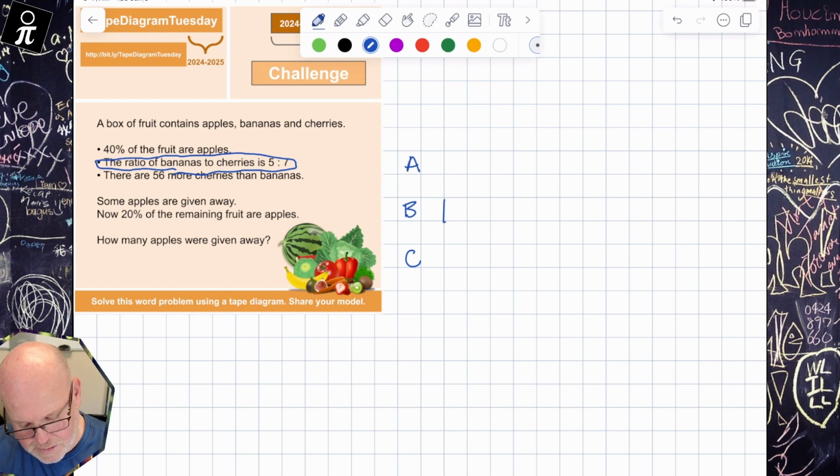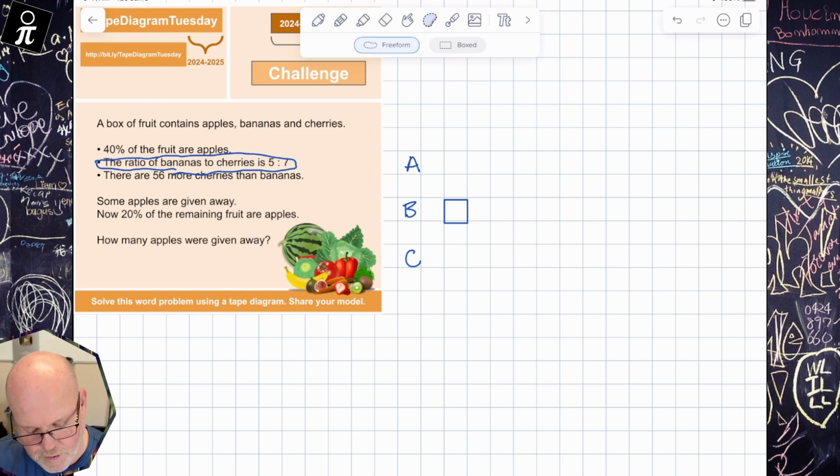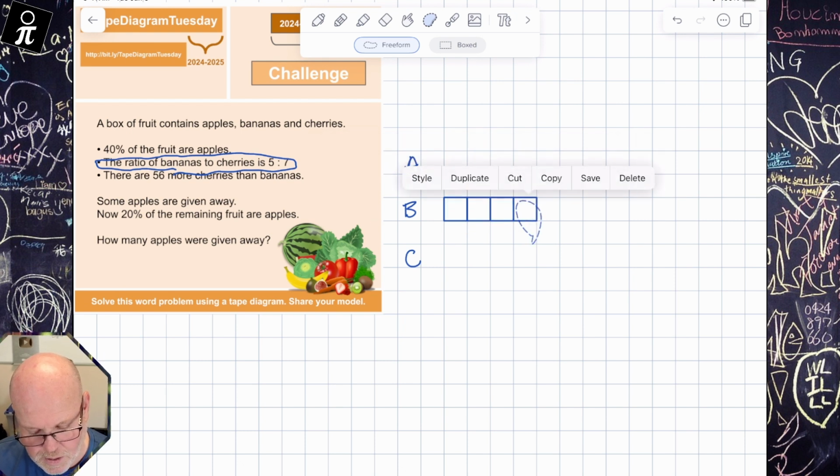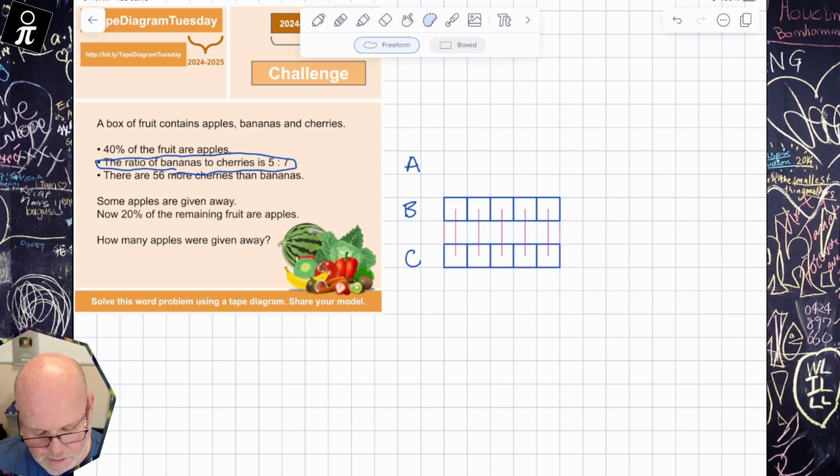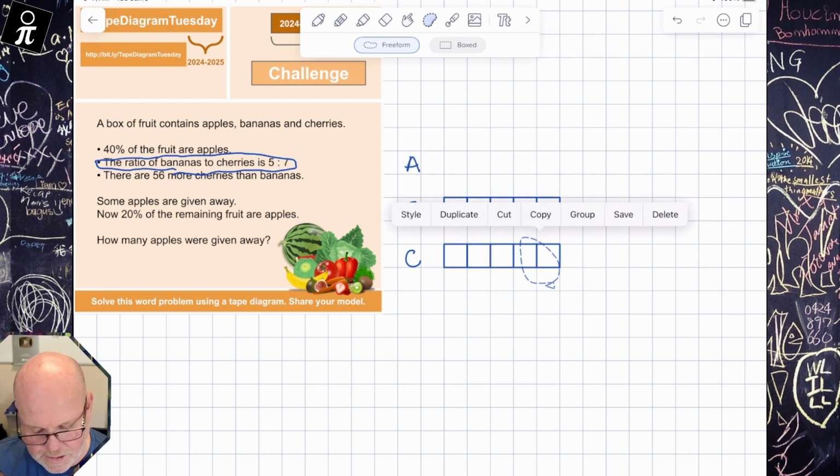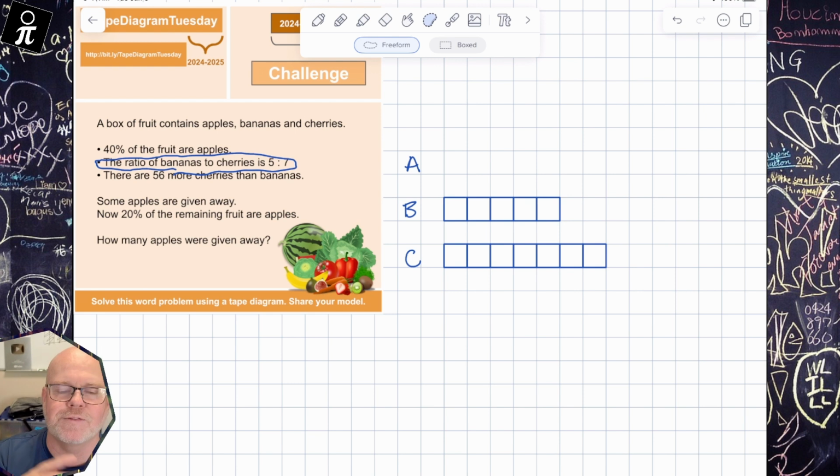So that means there's going to be 5 units for the bananas. And let's make that perfect. All right. And then there's going to be 7 units for the cherries. All right. So there is our bananas and there is our cherries. So there's our 5 to 7.